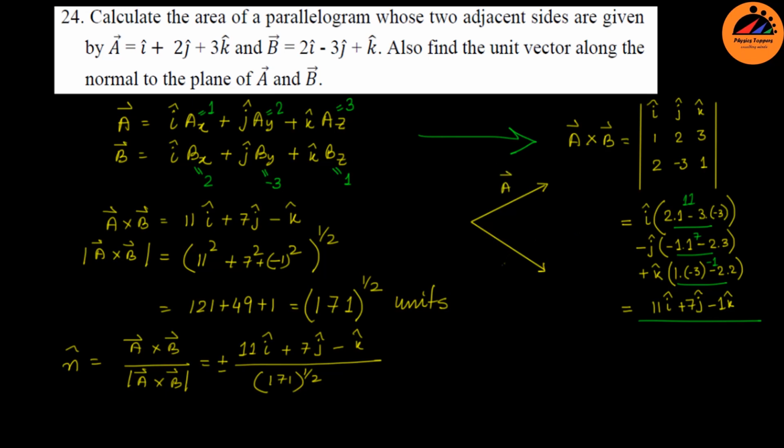So this is A and this is B. Now you need to find the unit vector along the normal to the plane of A and B. So that may be inside as well as outside, right? So I don't know which way they are asking for the unit vectors. So I have taken this plus minus. Okay.